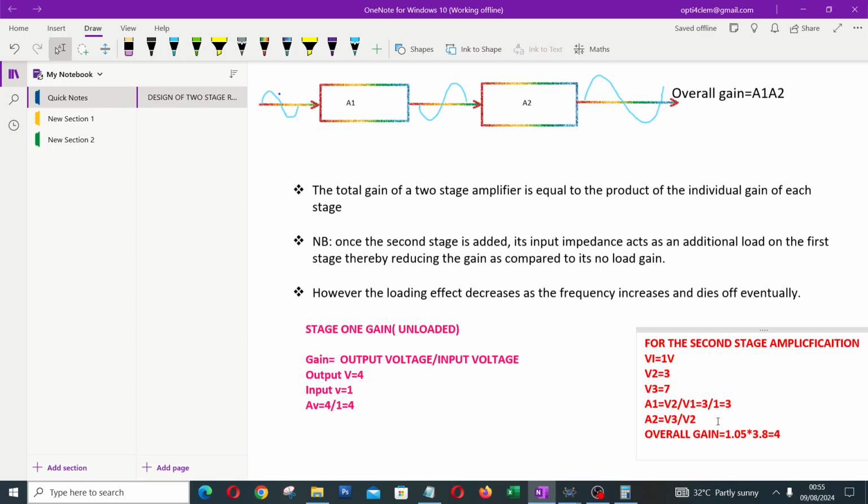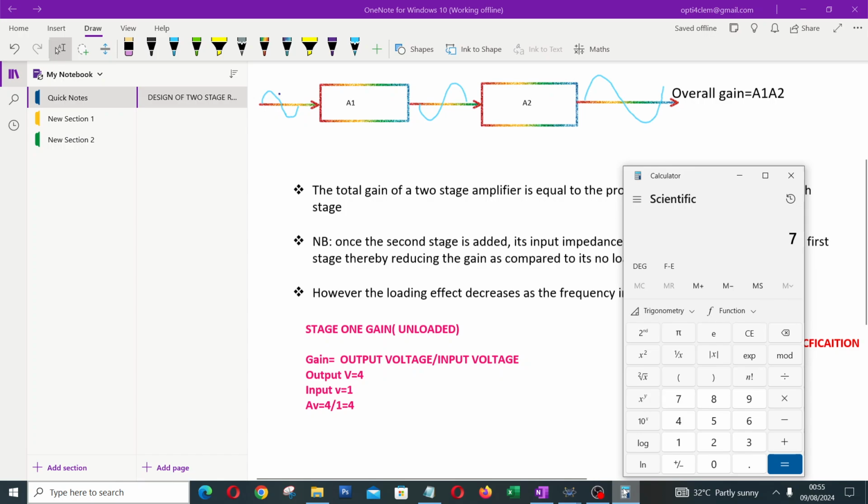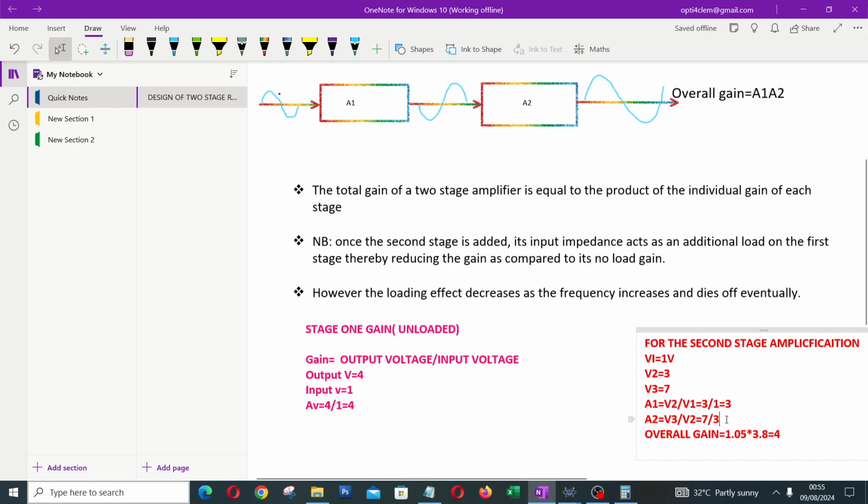V2 becomes the input to that stage, which is 7 divided by 3, that will give us 2.3. So the second gain is 2.3.